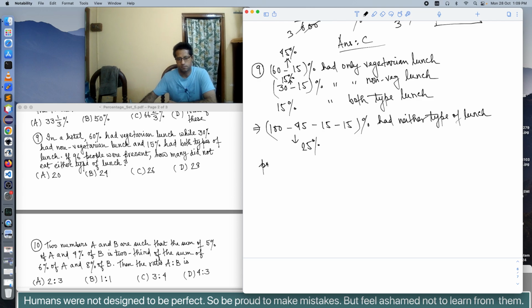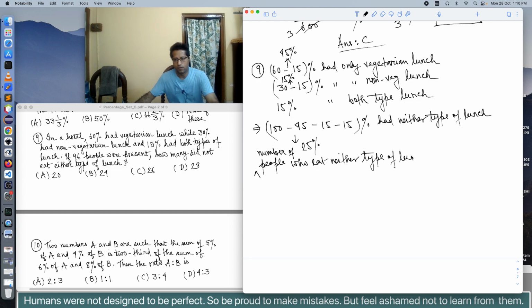The number of people who ate neither type of lunch will be equal to 25% of the total people in the hotel, which is given to be 96.